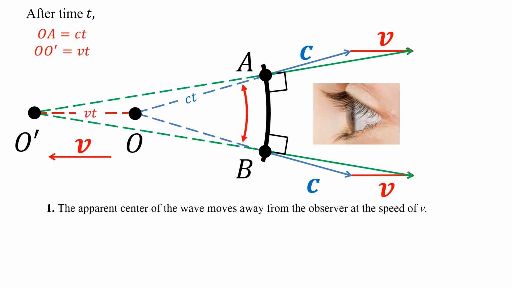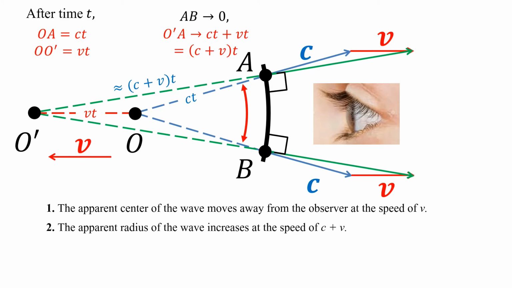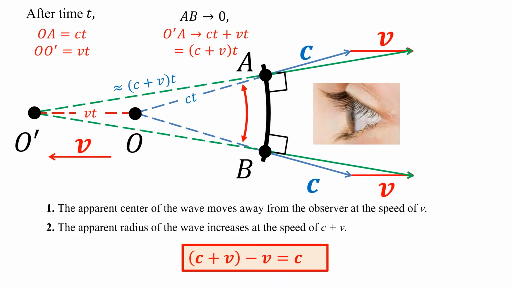In practice, these two rays reaching the eye of the observer are almost parallel, and therefore the 2 points A and B almost coincide. As a result, the apparent radius O'A equals ct plus vt. That is, the radius increases at the rate of c plus v. Combining these two effects, we conclude that the observed wave travels apparently at a speed of c plus v minus v, which is equal to c, independent of the observer's motion.